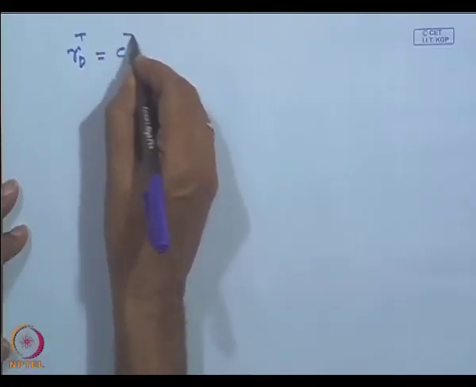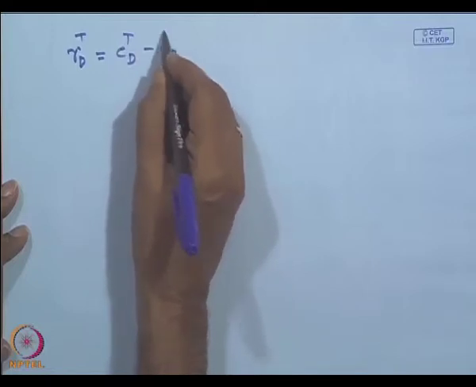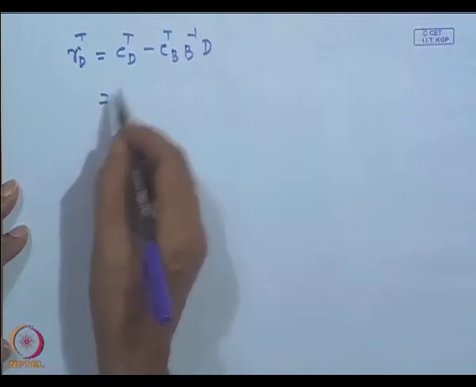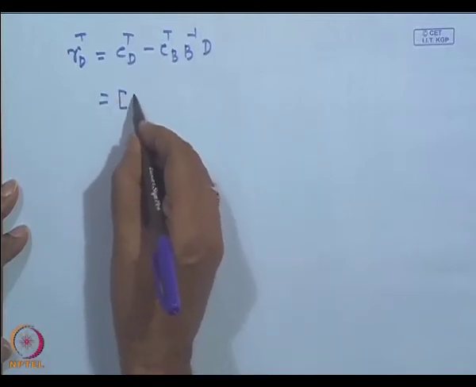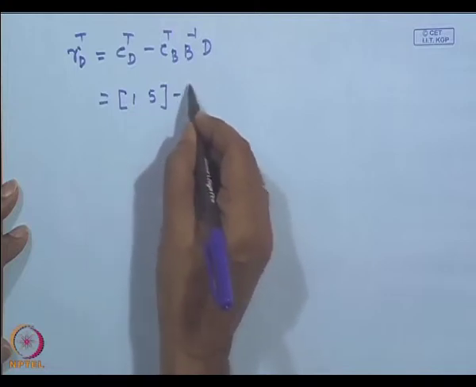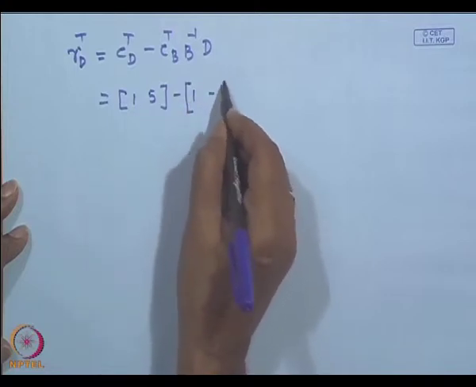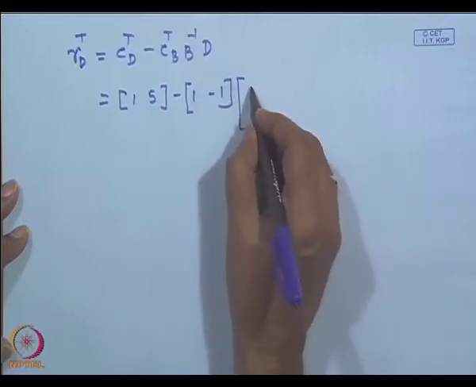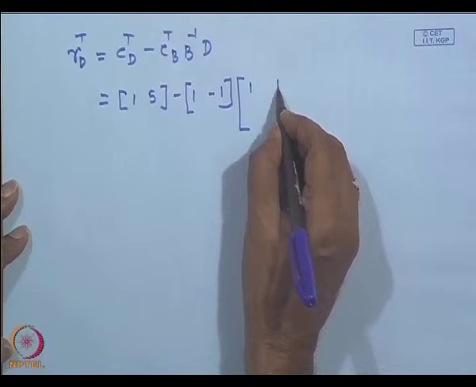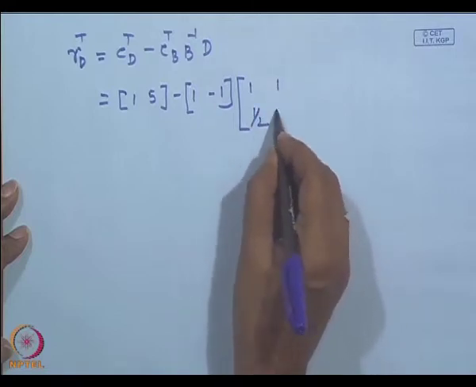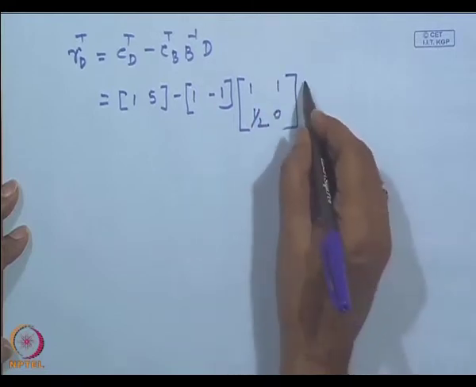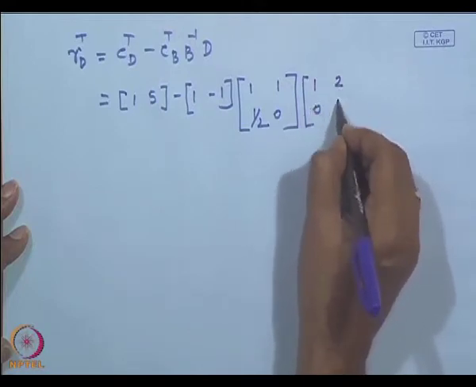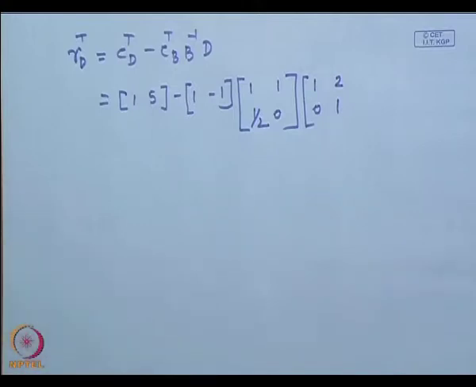C D transpose minus C B transpose B inverse D. You put the value of C D transpose 1, 5, then C B 1, minus 1, then the B inverse, taking the inverse of this, 0, 1, 1 half, 0. Then D is 0, 1, 0, 2, 1.